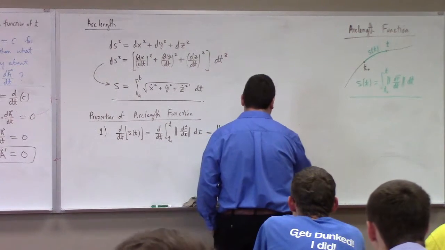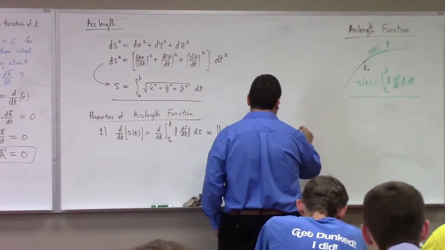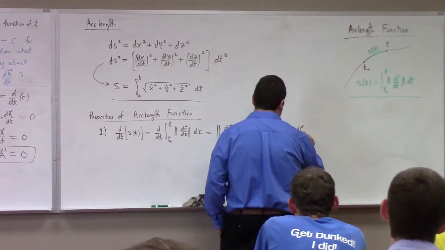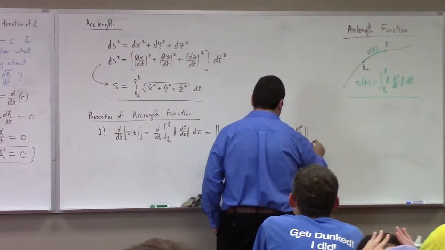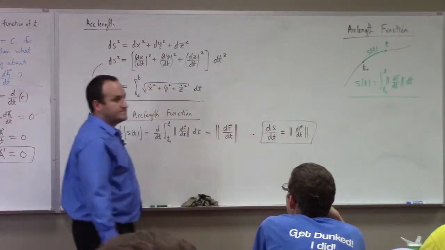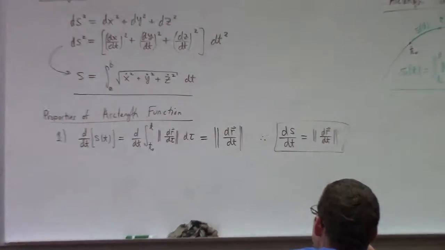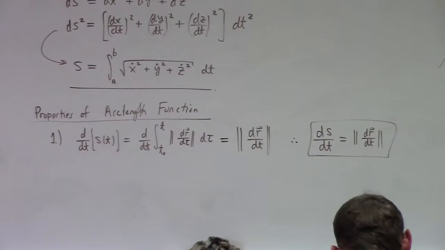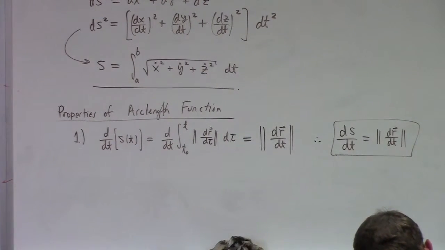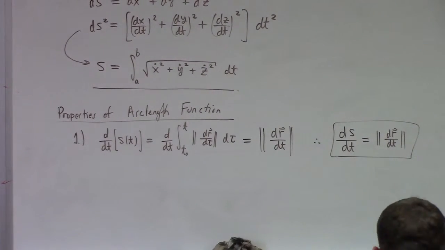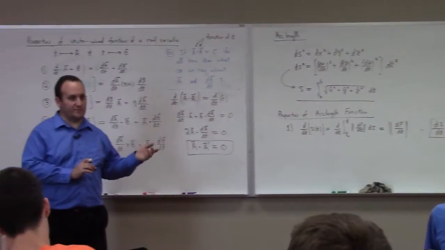That's good, right? The magnitude of the velocity is the infinitesimal time rate of change of the arc length function. You may have been told this before, but maybe you haven't seen it proved before. There it is, proof. Exciting.